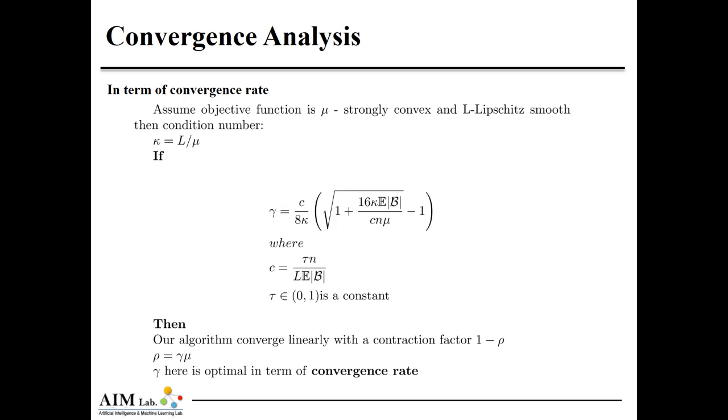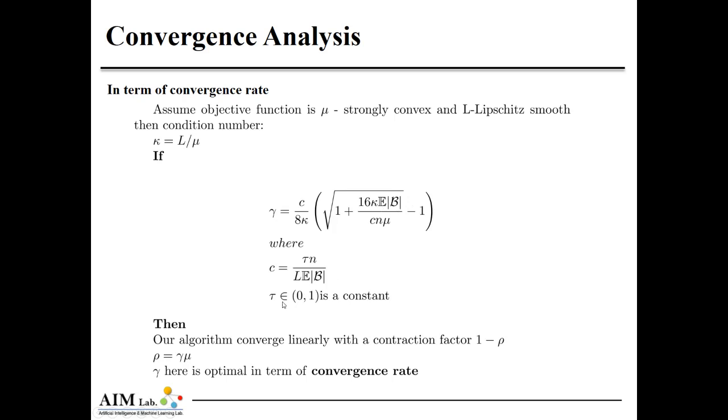Let's do some conversion analysis for this framework. Assume that the objective function is mu strongly convex and L smooth. Condition number is calculated by L over mu. Then, if you choose the learning rate equal to this term, learning rate is based on the expectation of the path size here.